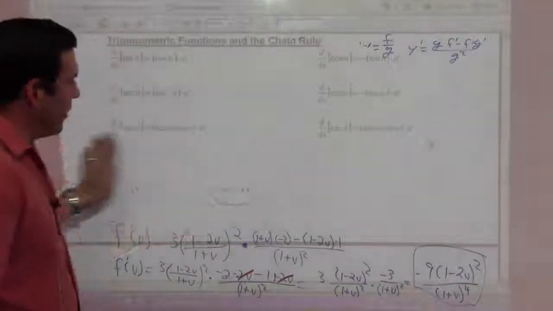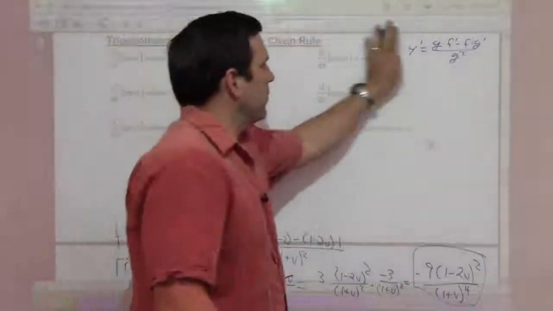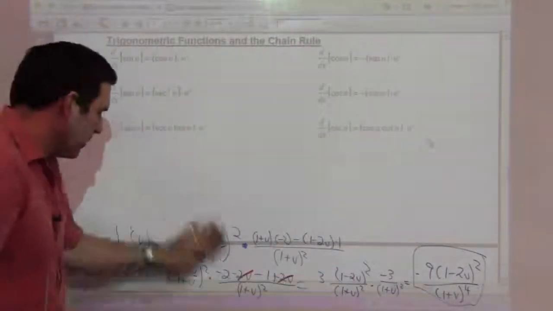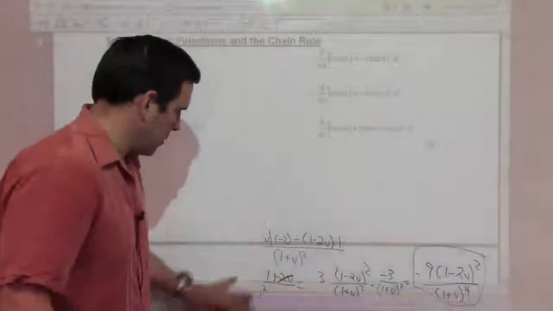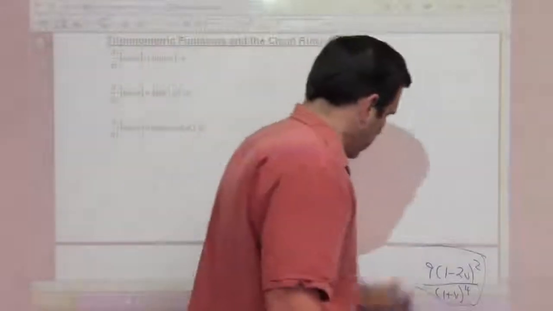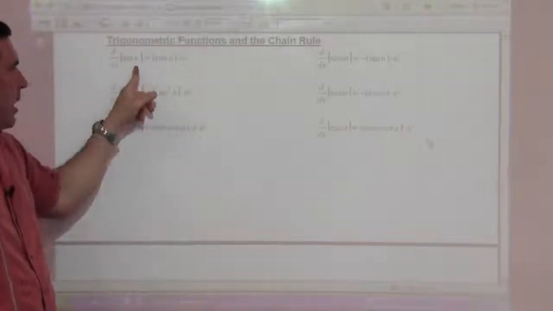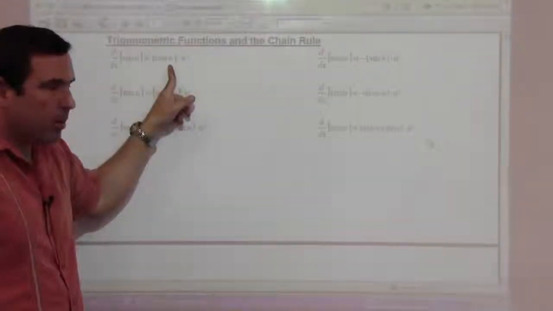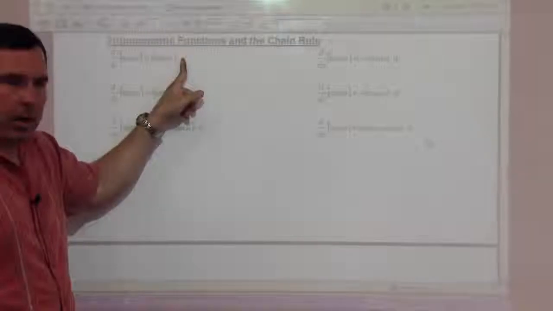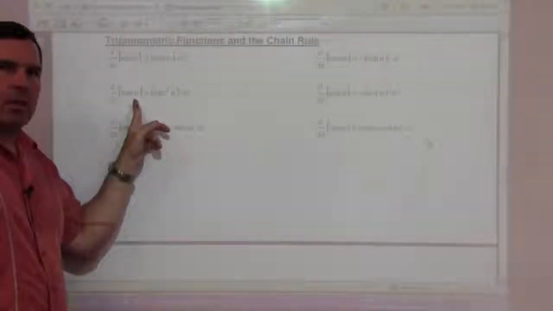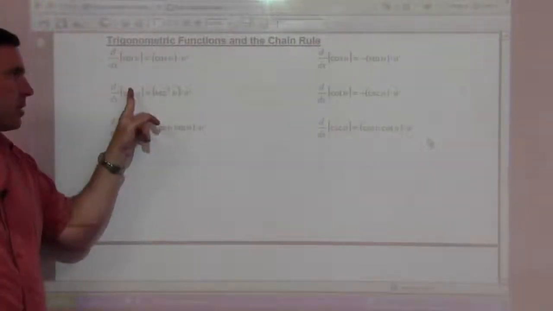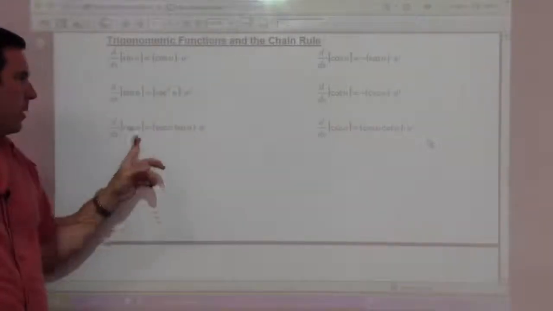Now we're going to talk about trigonometric functions and the chain rule. And this really isn't too surprising. So we have the derivative with respect to x of sine u, just going to be cosine u times u prime. Derivative with respect to x of tangent u, secant squared u times u prime.